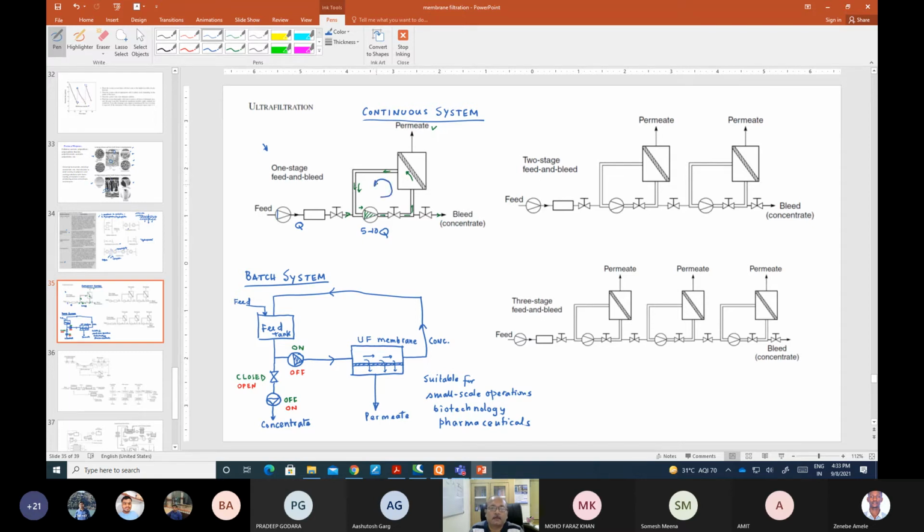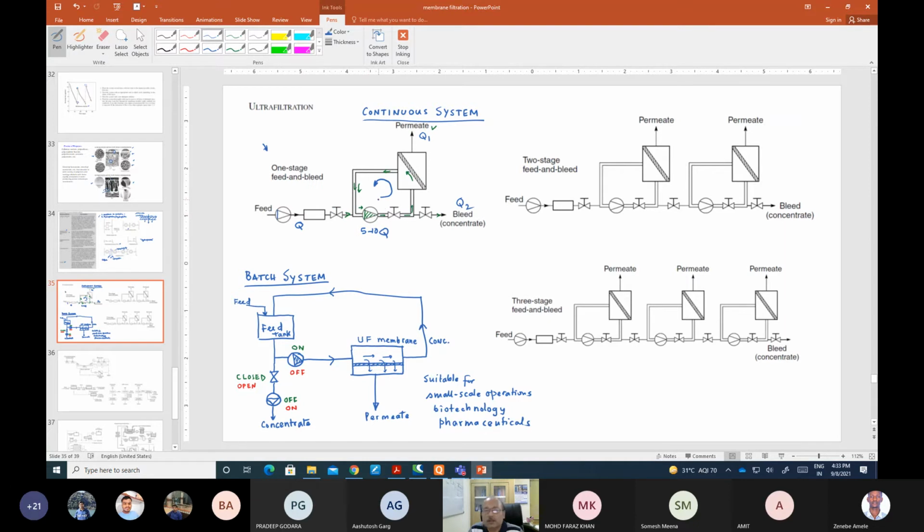You just feed Q, and you take some bleed, and permeate is created. Obviously, if you look at the system balance, then this is Q1 and this is Q2, and Q equals Q1 plus Q2. But you are looping 10 times the Q.